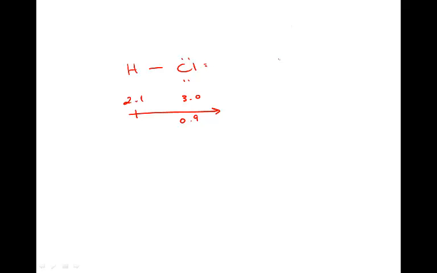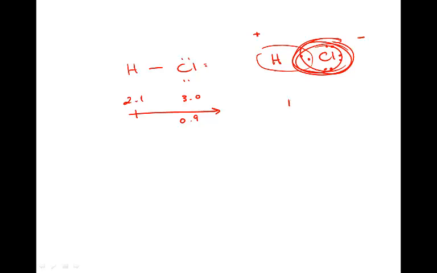So when we have hydrogen and chlorine, the shared electron pair that's bonding our hydrogen atom to our chlorine atom will spend more time around the chlorine atom, meaning that the chlorine atom will have a slight negative charge. The hydrogen side will have a slight positive charge.